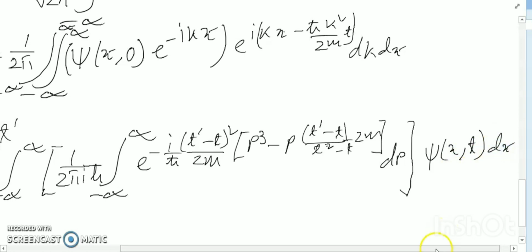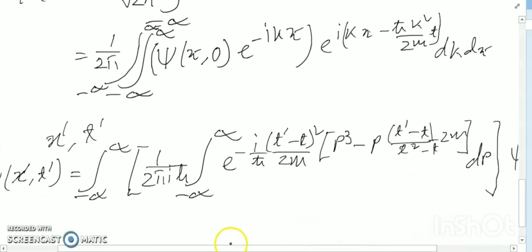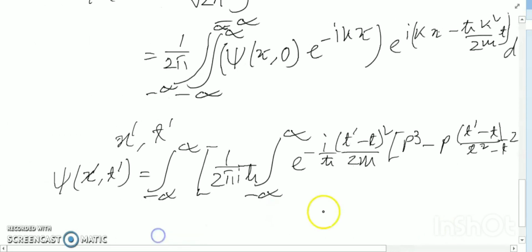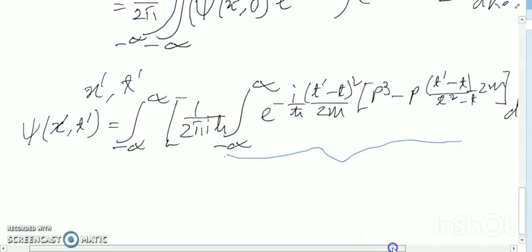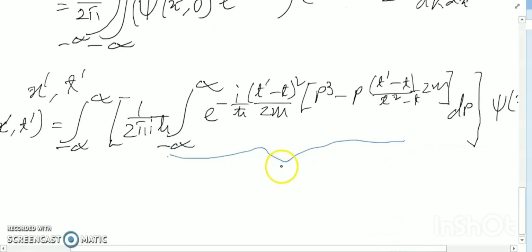Okay, so when the case is psi x dash comma t dash, these functions are called Green functions. Okay friends, G x comma x dash comma t comma t dash, this function can be written as Green functions.